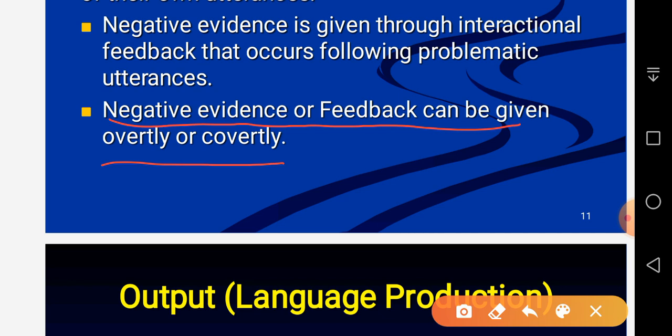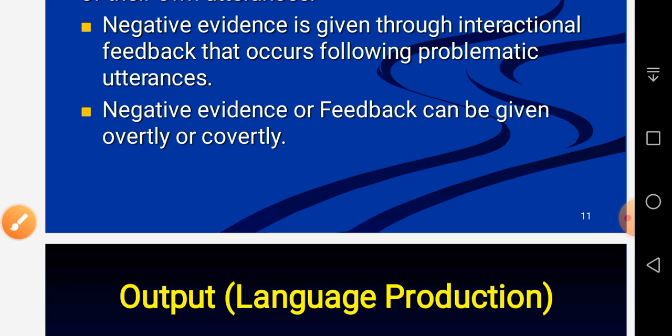You are having a chat or discourse, or a conversation or an interaction with a native speaker, and let's say you make mistakes, you commit errors in your output. So your interlocutor, your senior, is going to either correct you overtly, just explicitly pointing out that this is an error, or it may be done implicitly, in hiding mode.